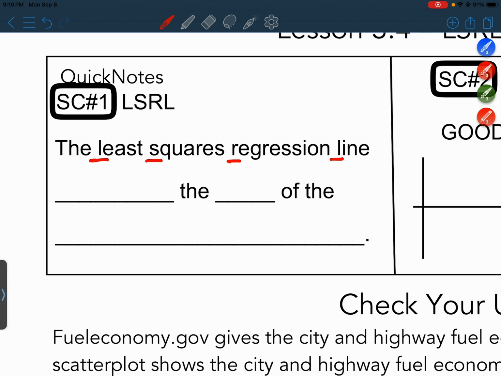Now we can draw all sorts of lines on a scatter plot, some good, some bad, but the best one is going to be the one that minimizes the sum of the squared residuals. Or visually, it's going to be the line that minimizes the total area of those drawn in squares.